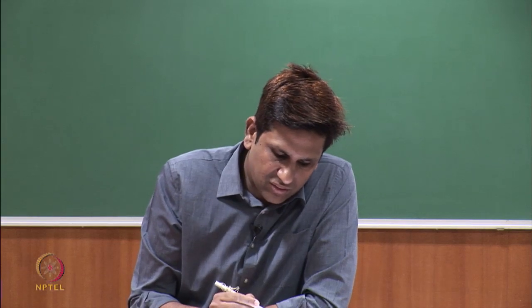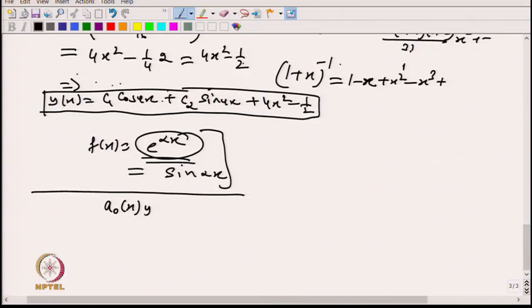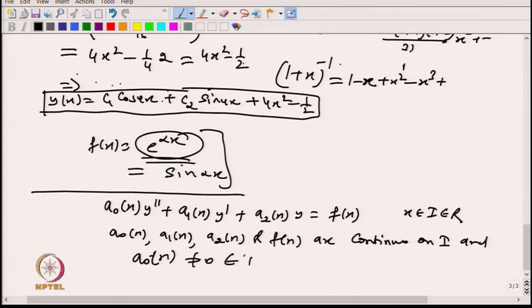But what about if I want to solve a differential equation of some general form, a0(x) y double dash plus a1(x) y dash plus a2(x) y is equal to some function f(x), where my x belongs to some interval I in the real line, and my functions a0(x), a1(x), a2(x) and f(x) are continuous on I, and a0(x) is never 0 on I.